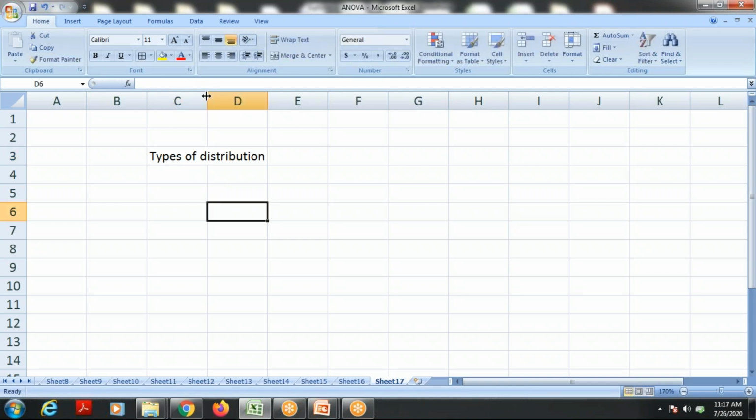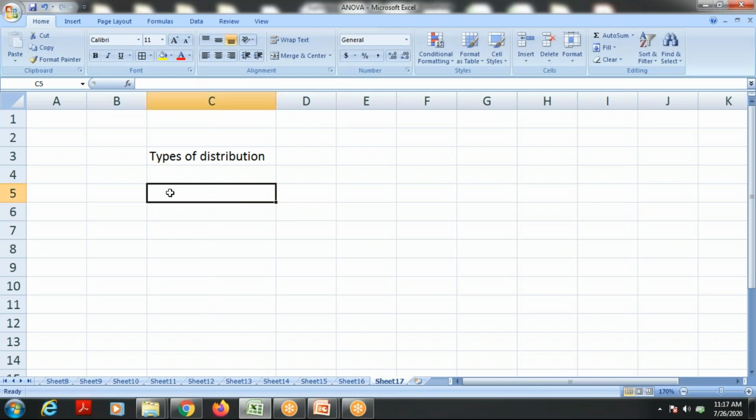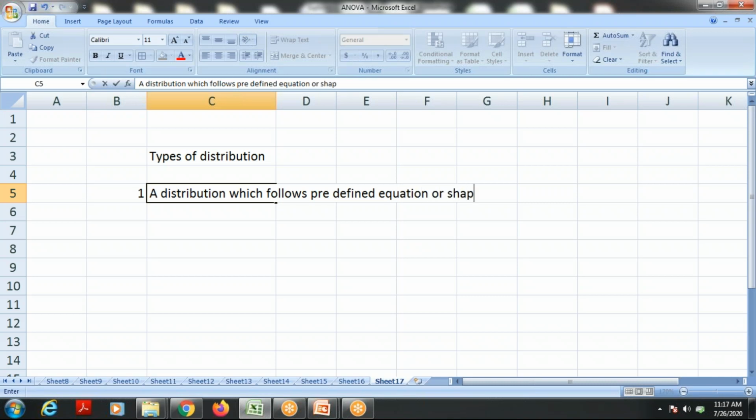The first type is a distribution which follows a predefined equation or shape.